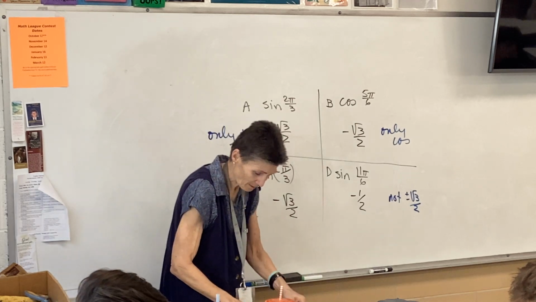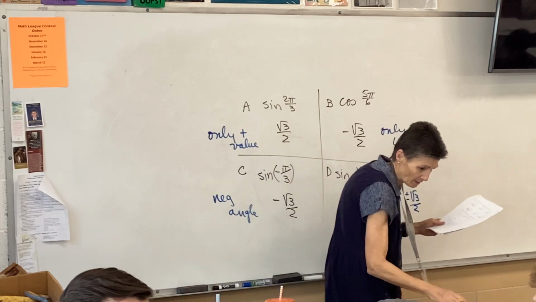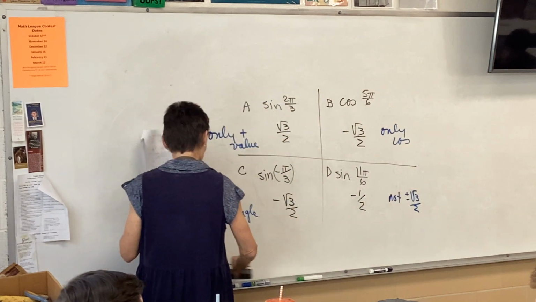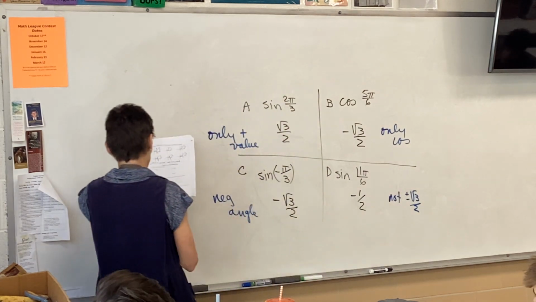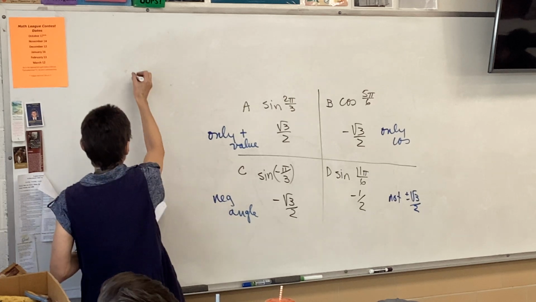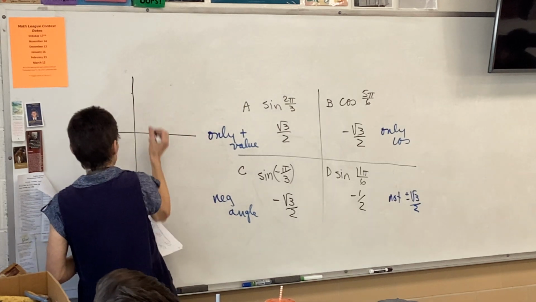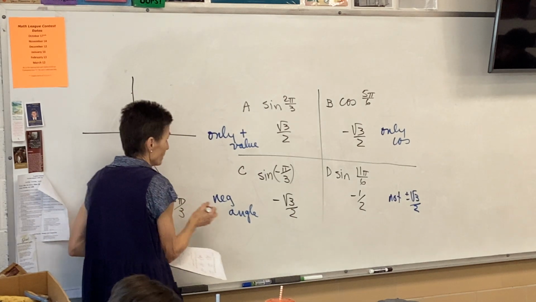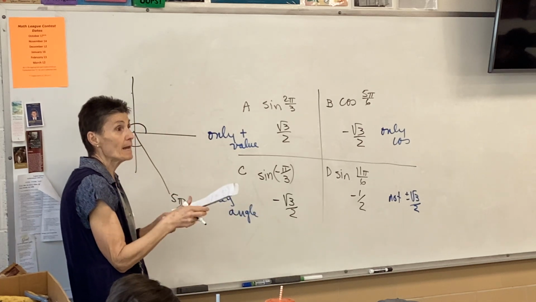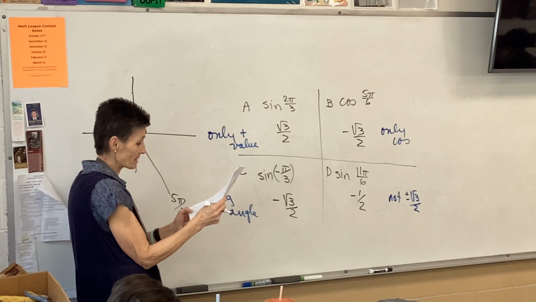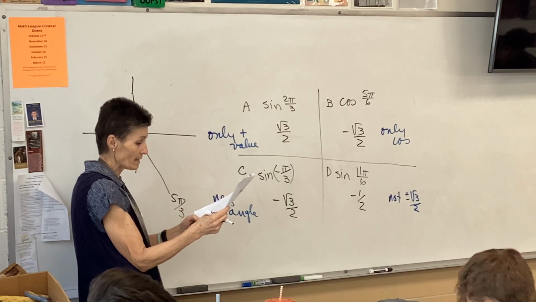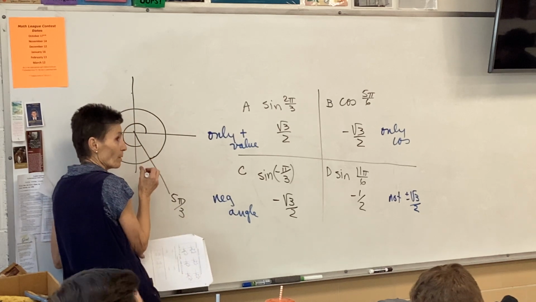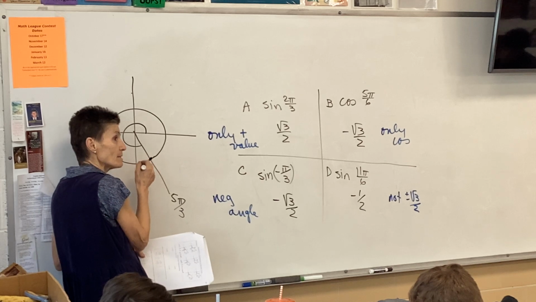One more quick thing. I'm not gonna spend a lot of time on it, period's almost over. But on problem number 3, we have an angle of 5 pi over 3. So we're down here at 5 pi over 3. Now, your job is to find the coordinates of points A, B, and C. Now, A, I contend you already know, because A is on the unit circle.